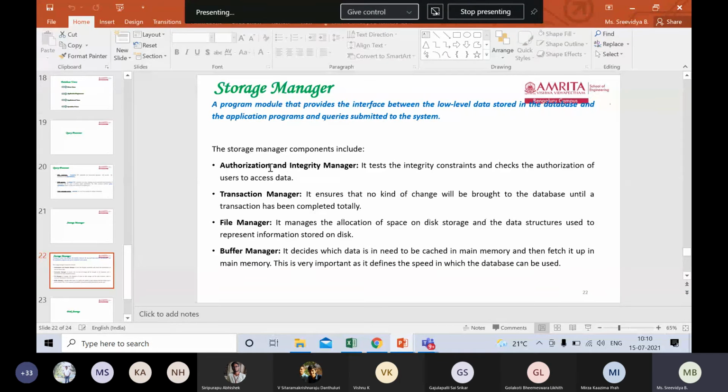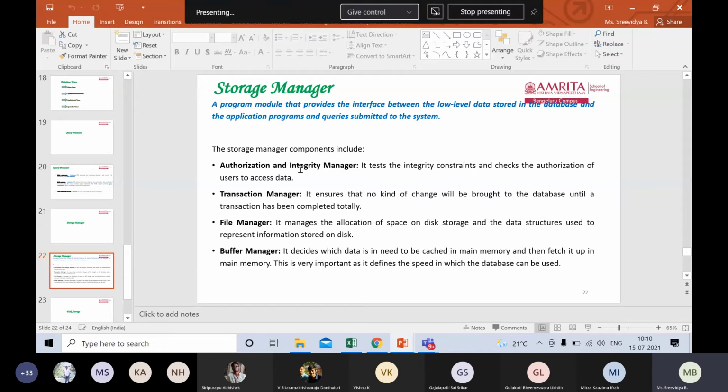When I say authorization and integrity manager, I'm talking about a particular code. It is this code which checks the table for any repetition if that particular column is tagged as a primary key. So no repetition is allowed.